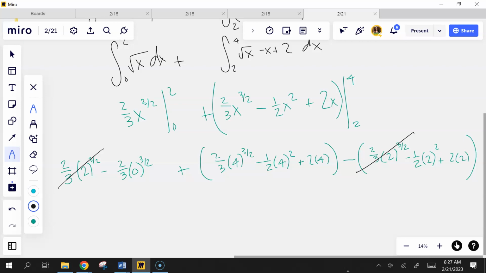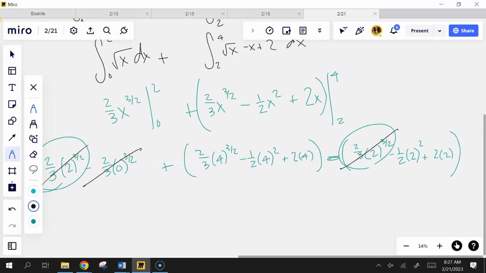Because I was going to have a square root of 2, or square root of 8, which is 2 root 2. Anyway, that's gone. I saw that immediately and thought, okay, I'm just going to knock that out because I don't want to even deal with it. Because they were the same, and this one's positive, and this is subtracting this one, so they cancel each other out. Now it makes everything a little bit easier to work with.